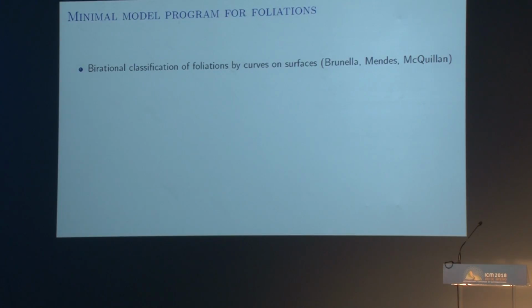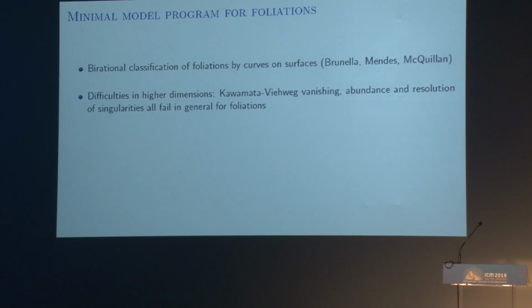At the end of the 20th century and the beginning of this century, with works of Brunella, Mendes, McQuillan, and others, there was a birational classification for foliations by curves on surfaces. And then people started to try to develop a minimal model program for foliations of arbitrary rank and arbitrary dimension. This turns out to be very difficult.